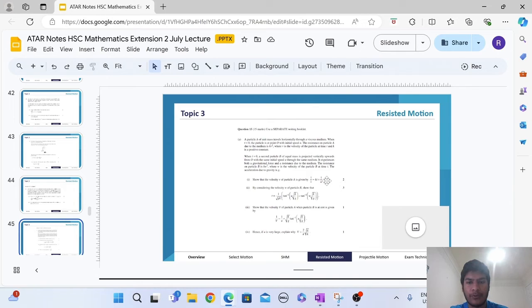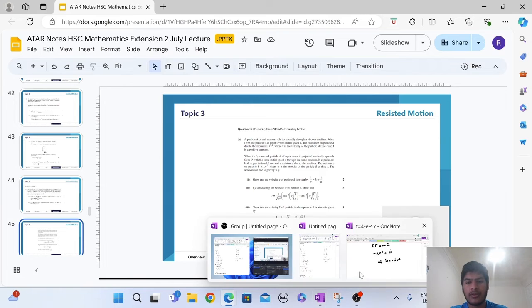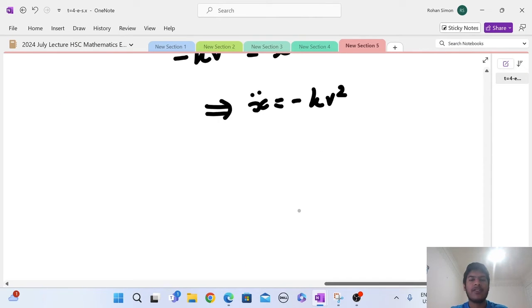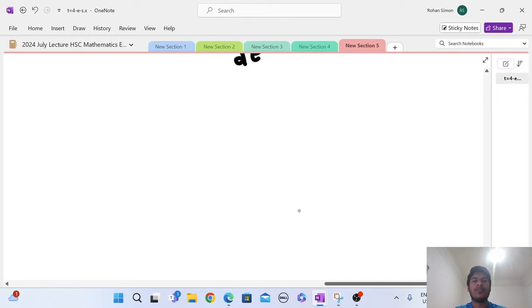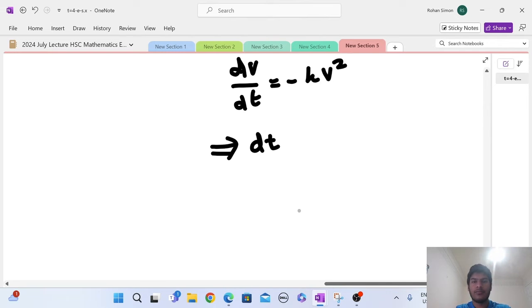look at what we're trying to prove. We're trying to prove a time expression. So we've got 1 on v equals kt plus 1 on u. So if that's the case, then we want a velocity-time relationship, so we're going to use dv dt equals minus kv squared. And so if we reciprocate both sides, we end up with dt on dv equals minus 1 on kv squared.